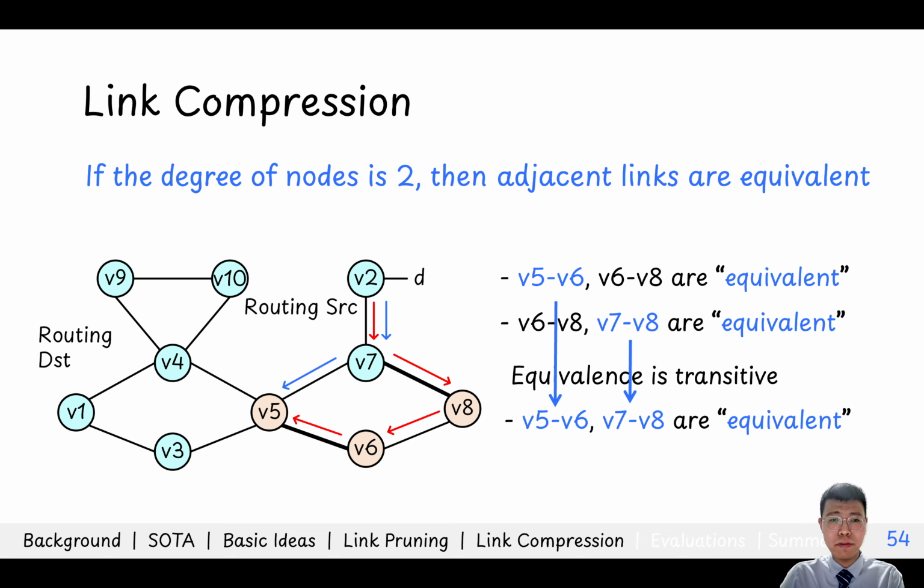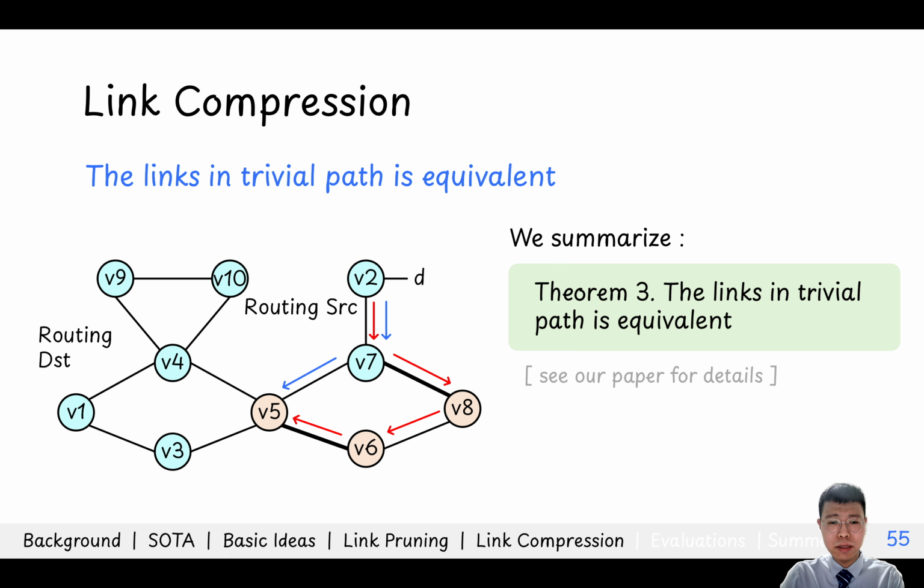Moreover, the equivalence of links is transitive. Therefore, V5-V6, V6-V8, V7-V8 are equivalent. We also provide a theorem to prove the correctness of this method. We summarize the links in a trivial path as equivalent. See our paper for more details.